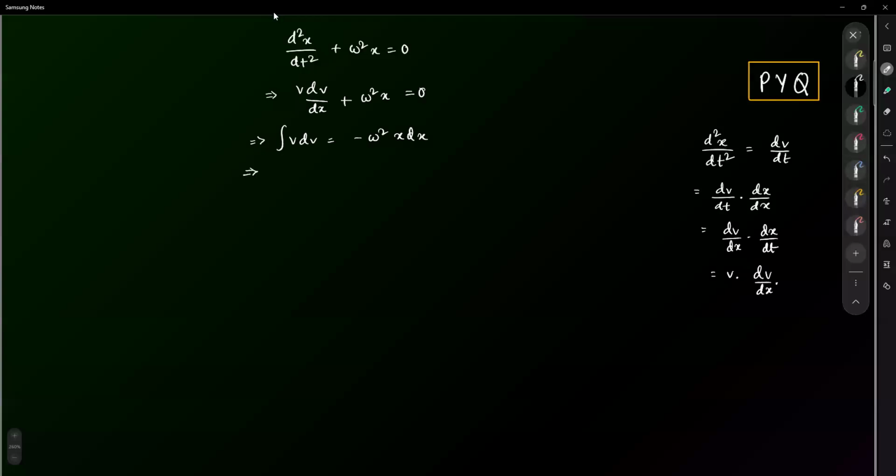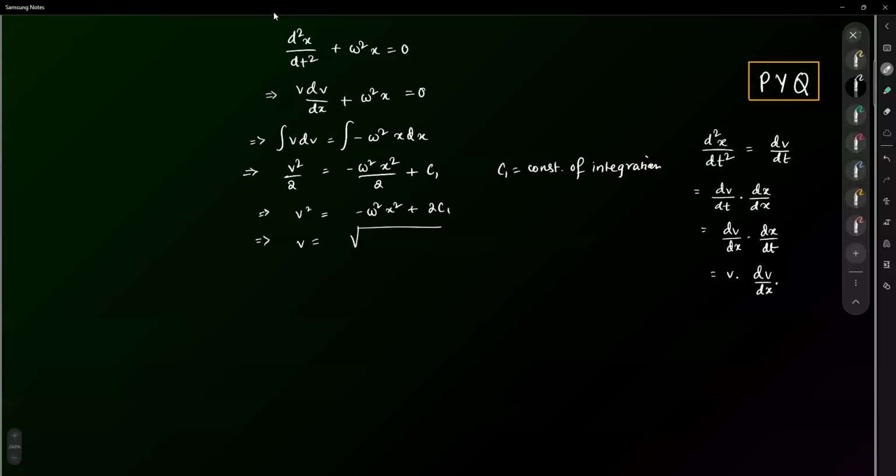So if we integrate both sides, we will get v square by 2 is equal to minus omega square x square by 2 plus c1, where c1 is the constant of integration. Now, v square is equal to minus omega square x square plus 2c1. So, v will be equal to root over of minus omega square x square plus 2c1, right?